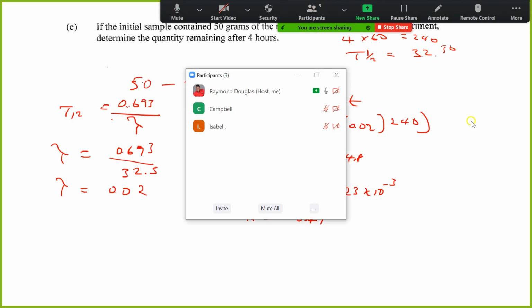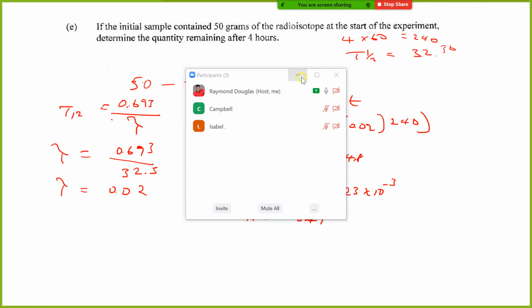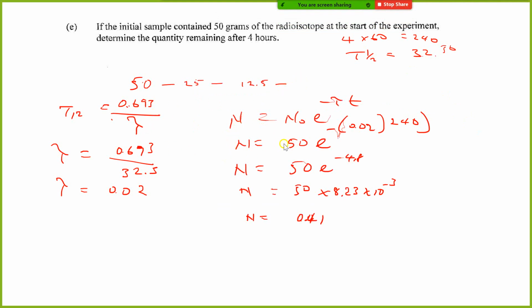Okay. All right. So what I want you to do for me is to press shift ln, then put negative 4.8 in your calculator and tell me the value you're getting.